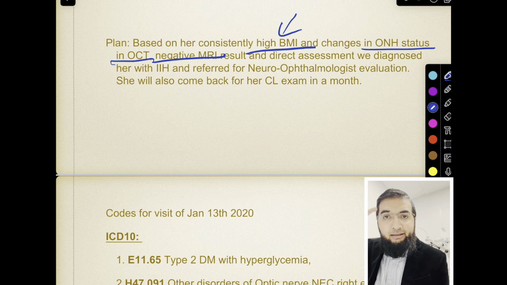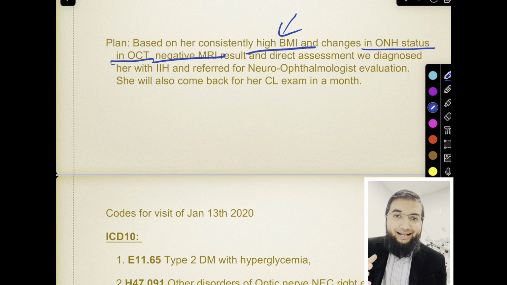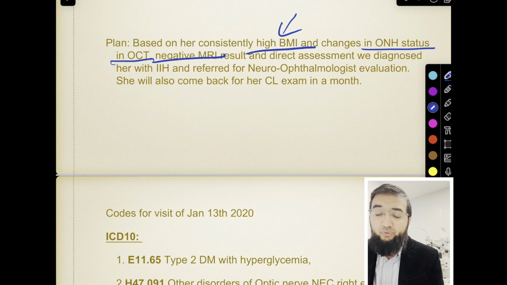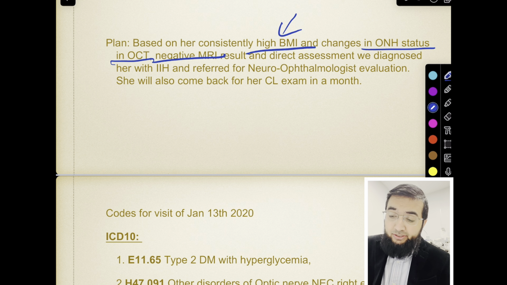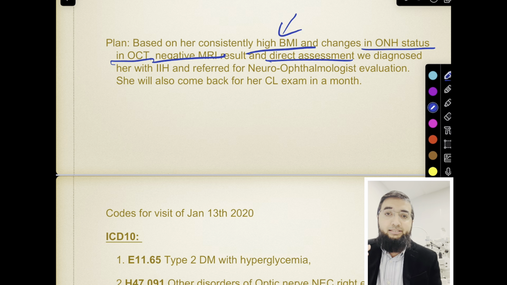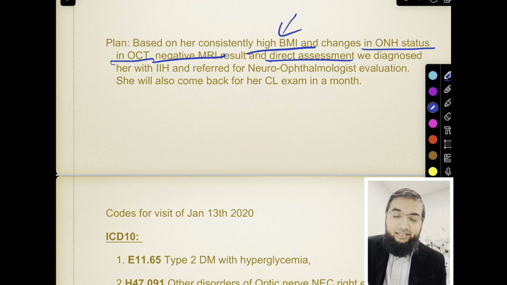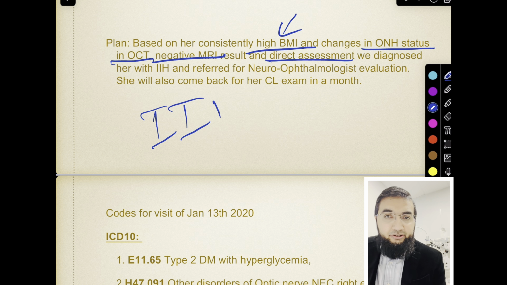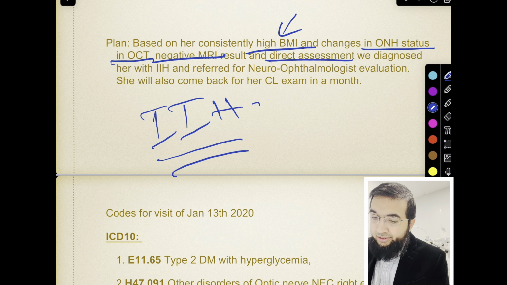There is nothing in the brain, nothing in the tract that is causing that swelling. So the MRI came back normal, and based on all of that, as well as the direct assessment of the patient's optic nerve and the whole eye, we diagnosed the patient with idiopathic intracranial hypertension.